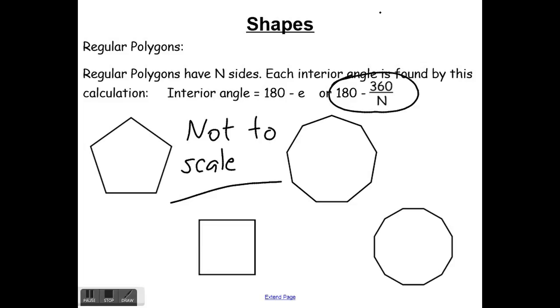If it's not drawn accurately, you cannot use a protractor. But if the question actually says to measure the angle with a protractor, then those pictures are drawn to scale for that very reason, so that you can measure them. Okay. Are there any other questions about this?